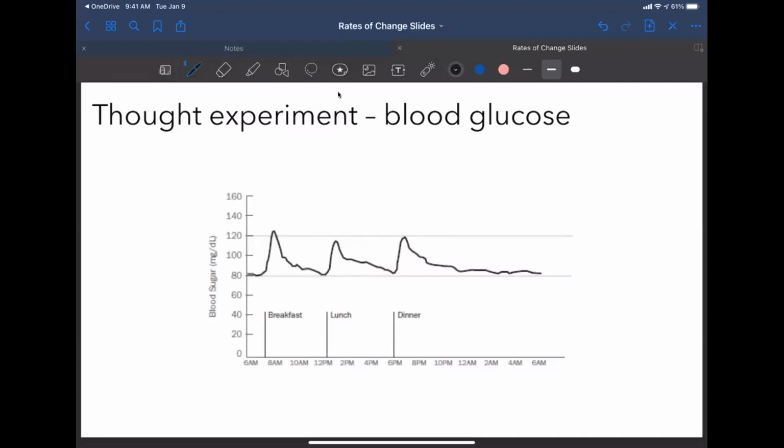Just in case you forgot, when blood sugar levels are high, beta cells in the pancreas release insulin, and that allows glucose to enter the cell, thus leaving the blood, by activating the glucose transporter, which brings glucose into the cell. This is a way that blood sugar levels are regulated.